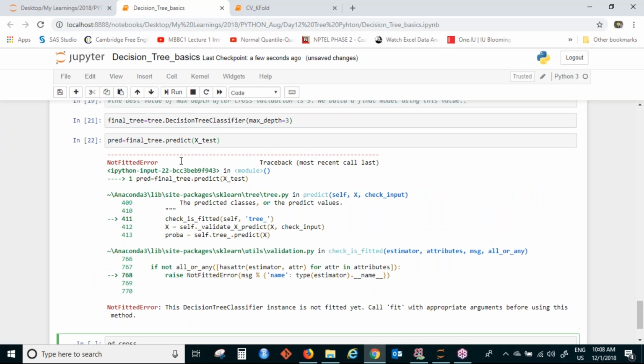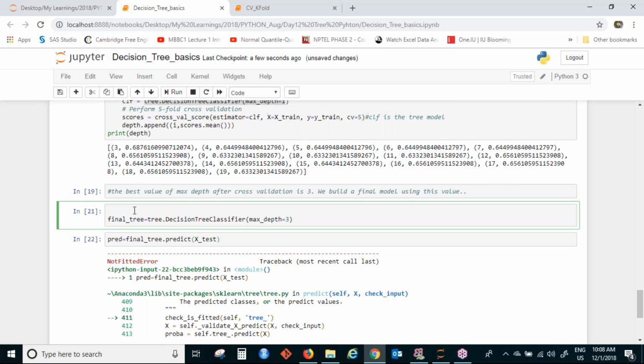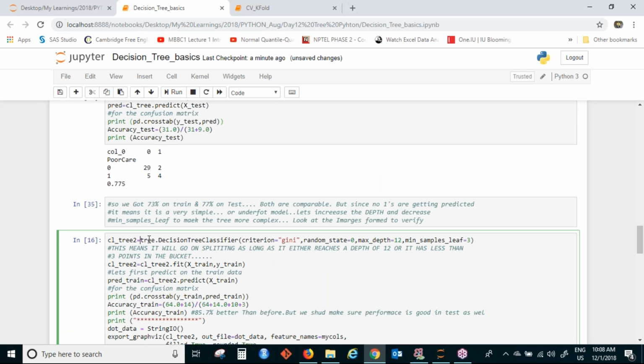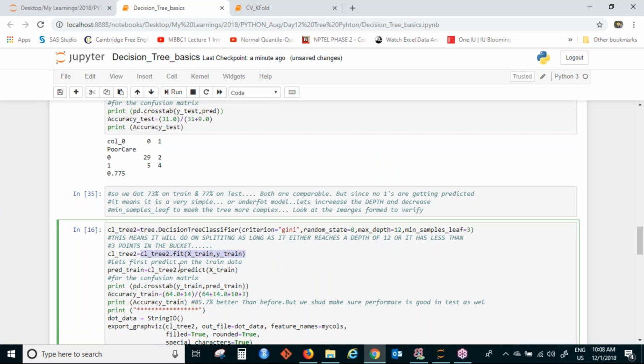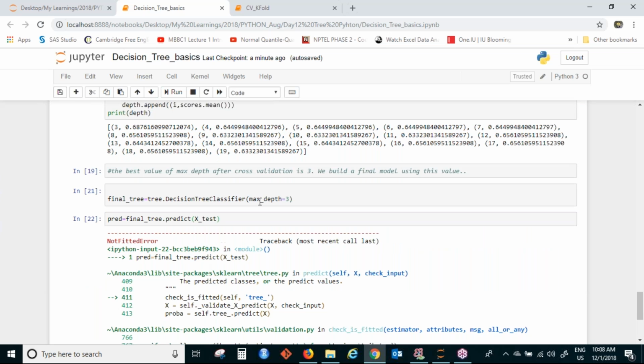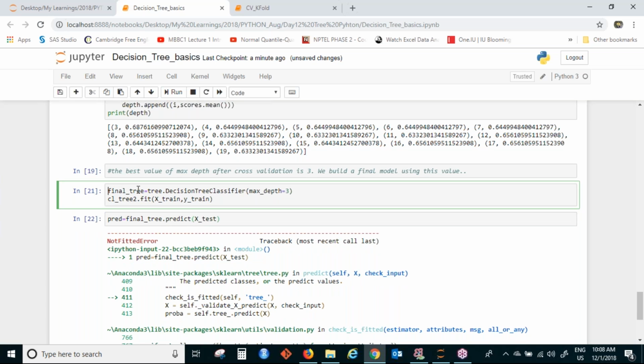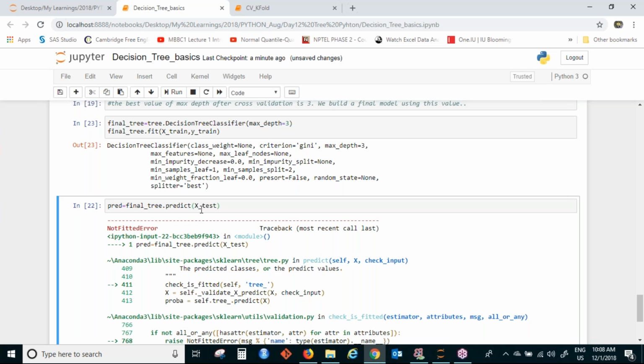Now I will create the confusion matrix. Okay, I have not fitted yet. Let me fit the model first. I'll just copy paste. So I'll write final tree dot fit, and I will write x train and y train, and then I will go for prediction.